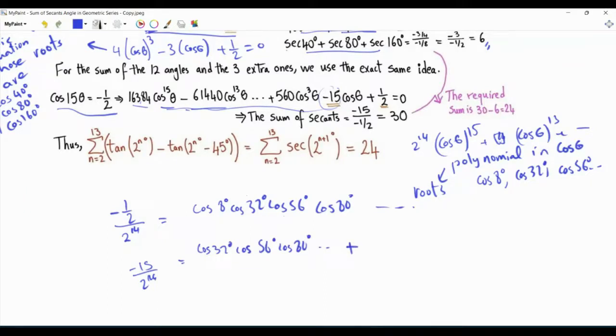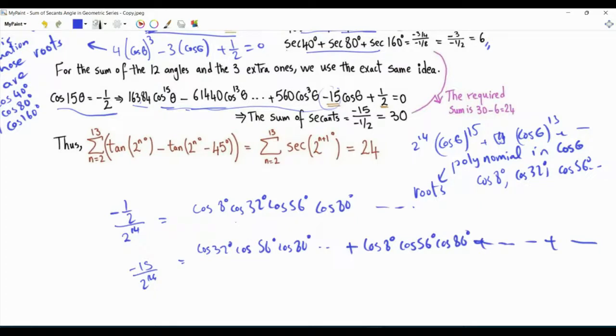And then there will be another term in which we exclude cosine 32 degrees, with cosine 8 degrees, cosine 56 degrees, cosine 80 degrees, and so on. So we take basically this coefficient divided by this: you take the product of the roots excluding one of them, and then you sum the terms.